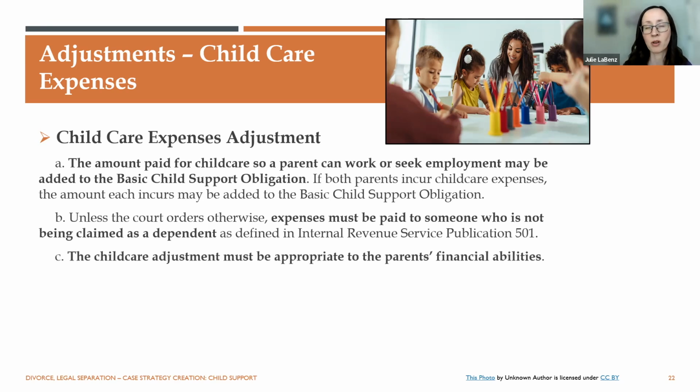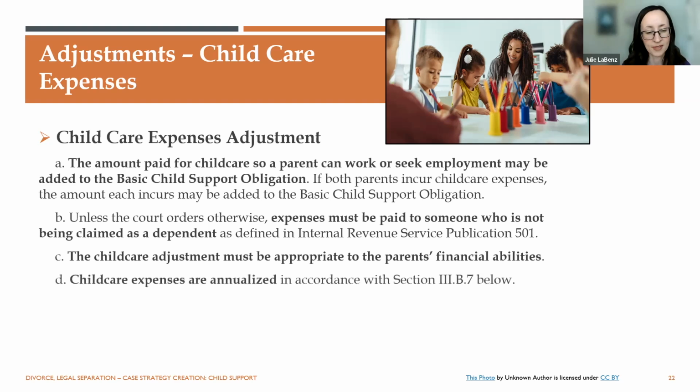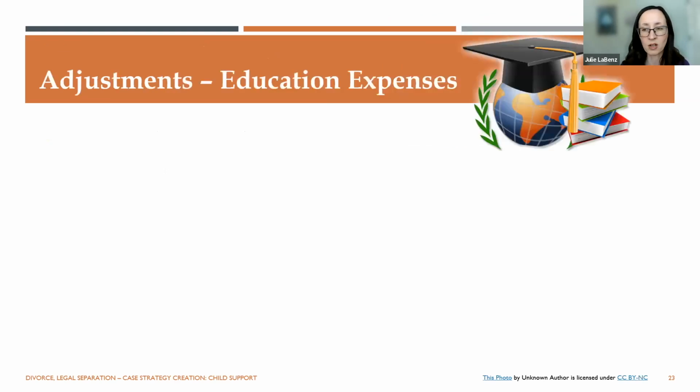So you're not going to be able to go out and get the most expensive child care and then throw that in the worksheet just to increase the child support calculation. The child care amount needs to be appropriate to you and your co-parent's financial abilities. Child care expenses are annualized. So if you're not incurring them 12 months a year, you'd annualize that amount to determine the amount of the credit in the calculator.